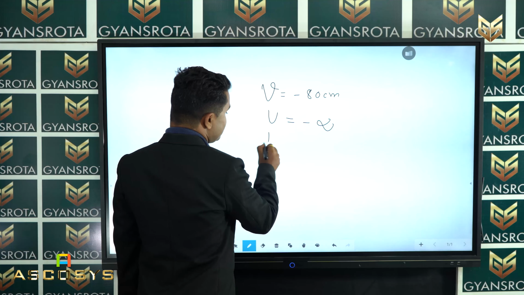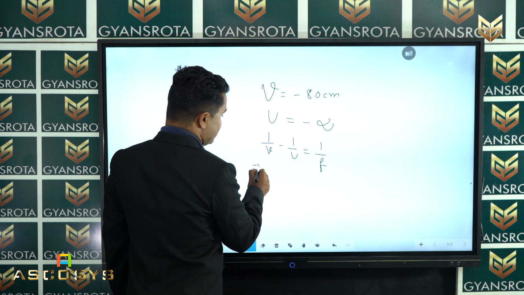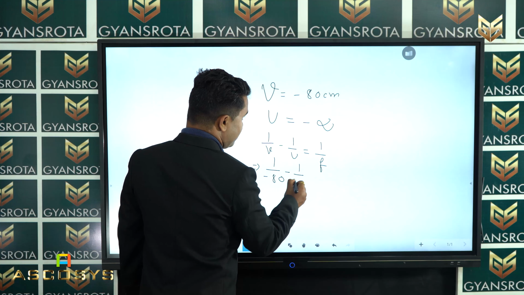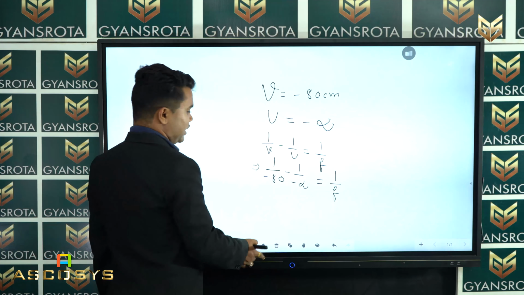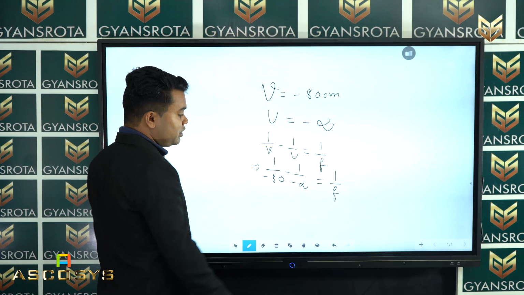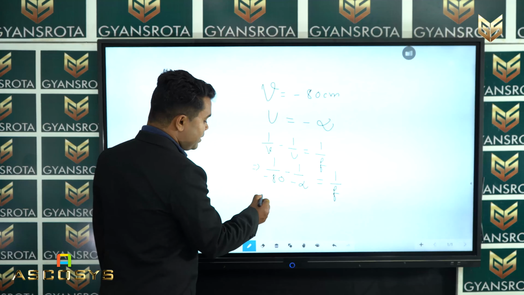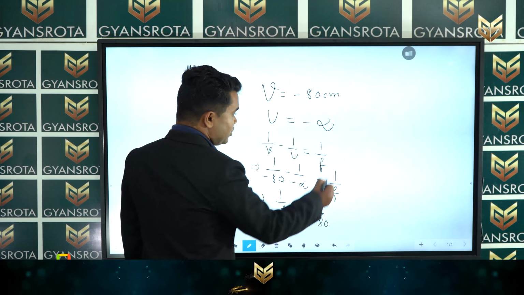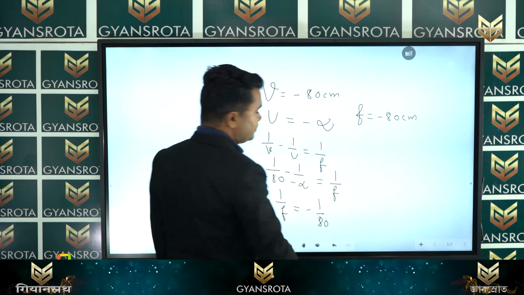So which formula will you use? 1 by v minus 1 by u is equal to 1 by f. So it will be 1 by minus 80 minus 1 by minus infinity is equal to 1 by f. A number divided by infinity is 0, since infinity is a very big number. So 1 by f is equal to minus 1 by 80, so f will be minus 80 centimeter.